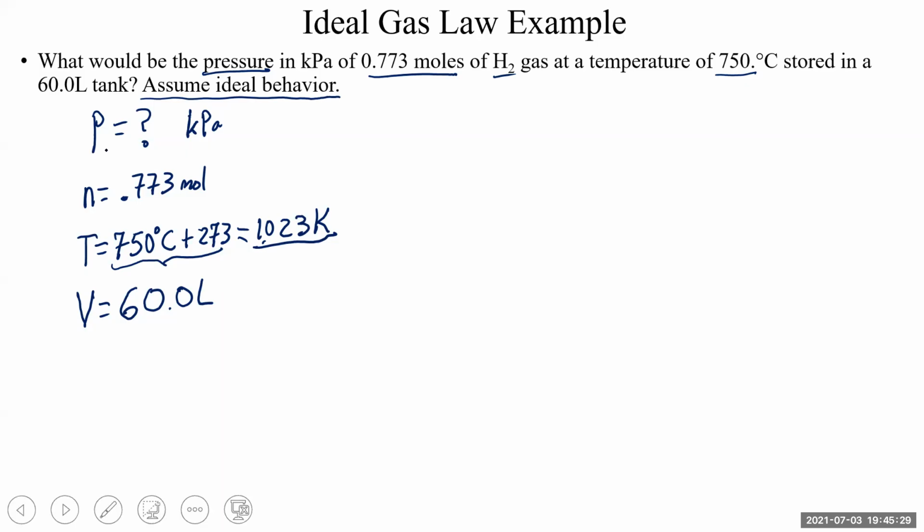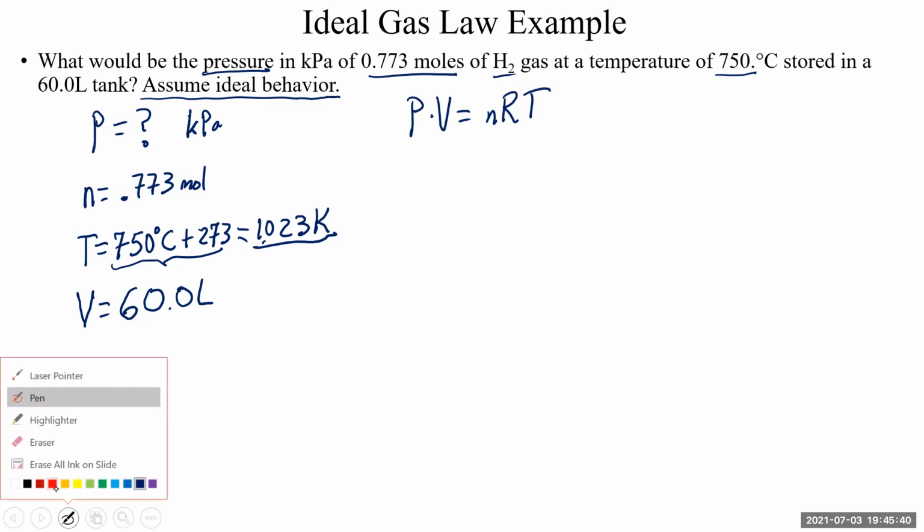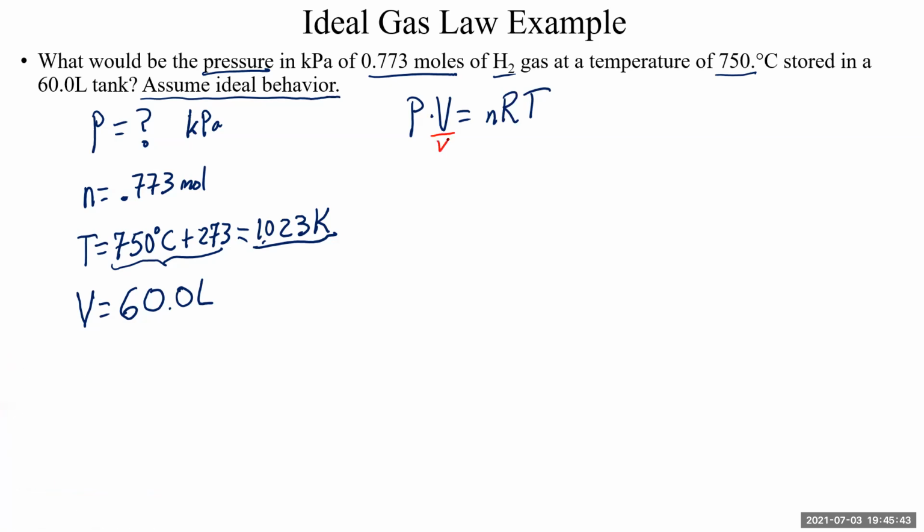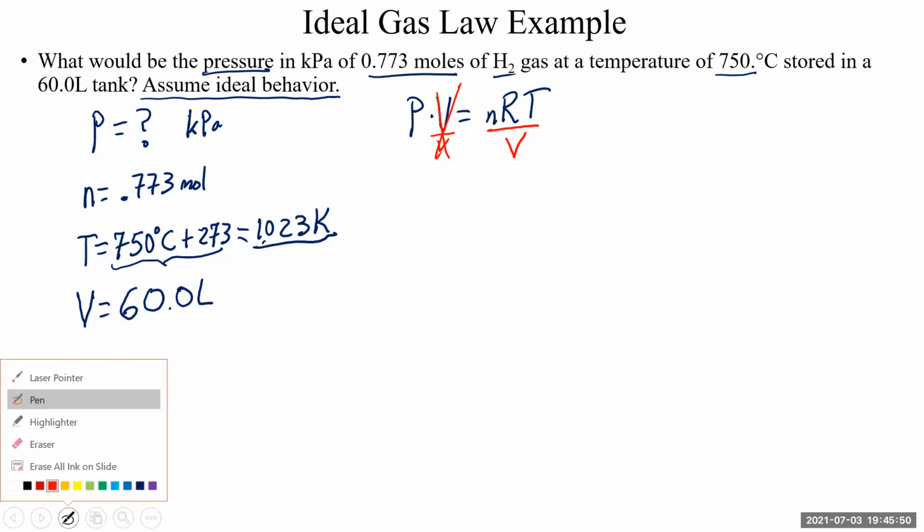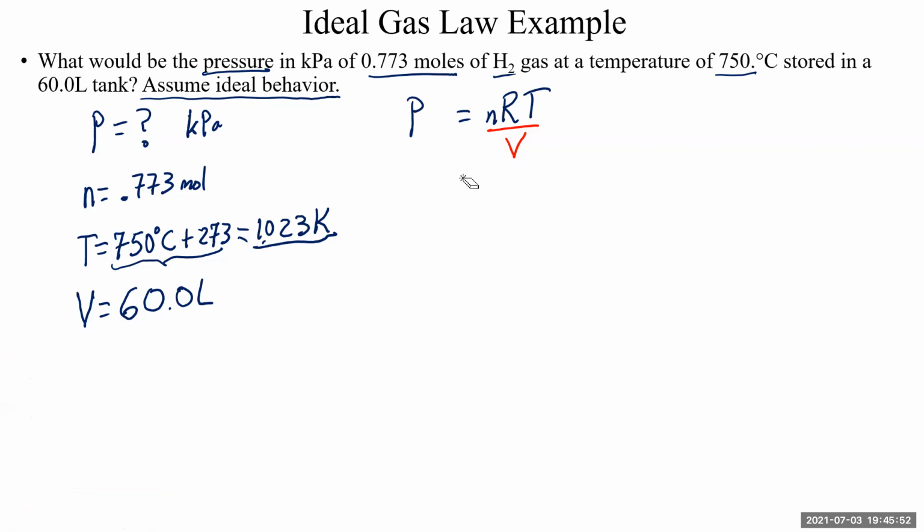So we're solving for P. We know that the ideal gas law is PV equals nRT, helps that it rhymes. We just go ahead and divide both sides by volume. So we cancel volume on the left, we get P equals nRT divided by V. And then we just plug in.